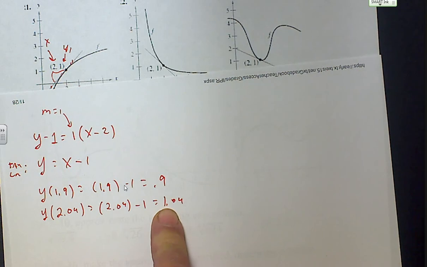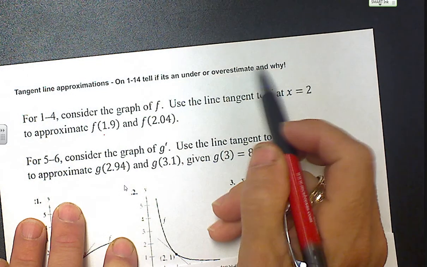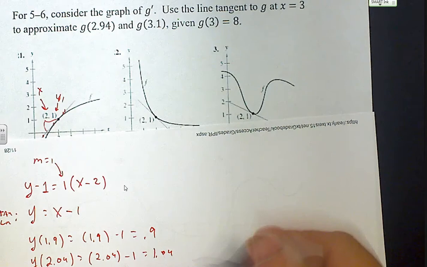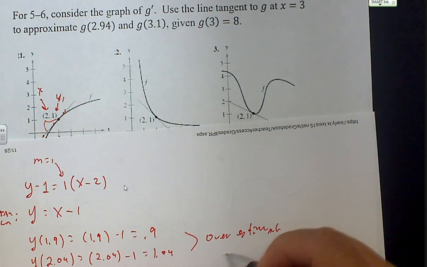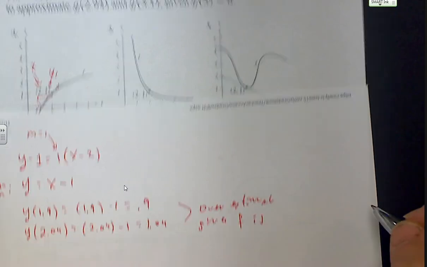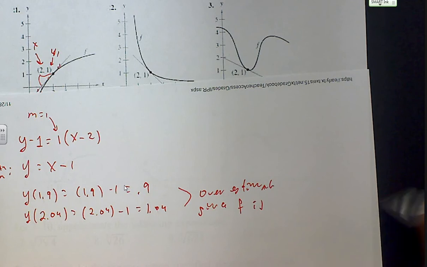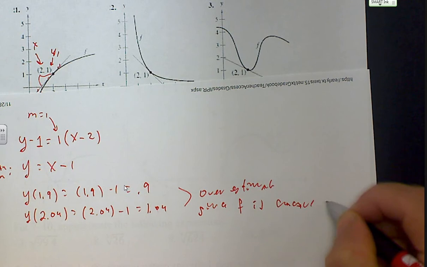Why is it above the curve? The curve is concave down. That's the math we're looking for, right? So the question is, tell us an over or underestimate and why. These are overestimates since f is concave down.